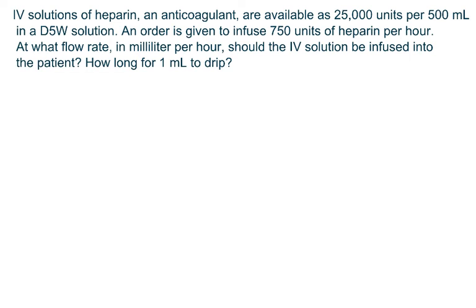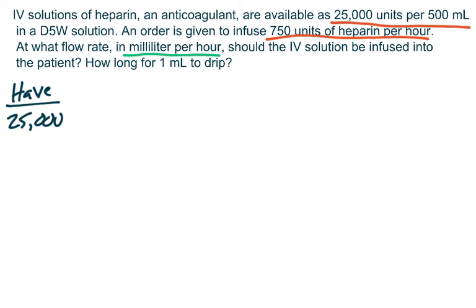All right, so let's again gather our thoughts and look at what we have. So we have 25,000 units per 500 milliliters, and we have an order of 750 units per hour. And we are looking to find milliliters per hour. Right, so what do we have? We have 25,000 units per 500 milliliters.